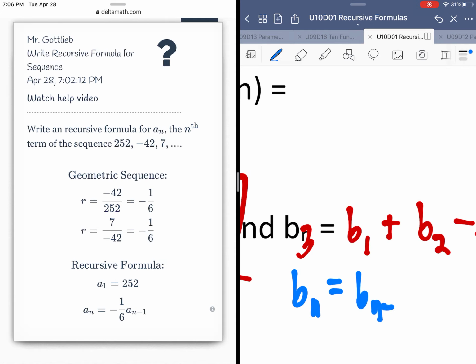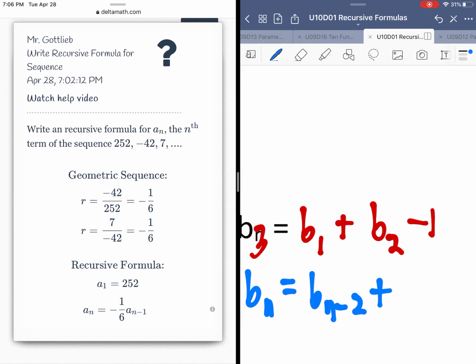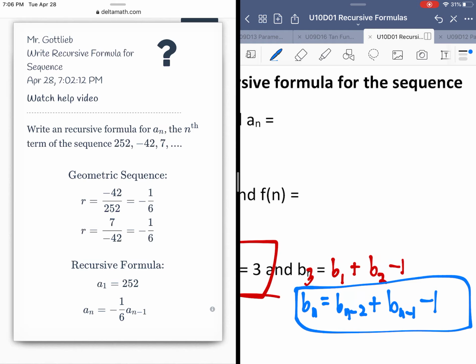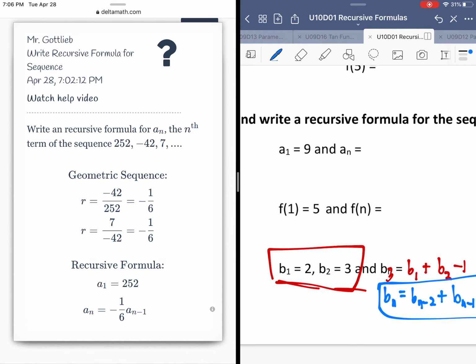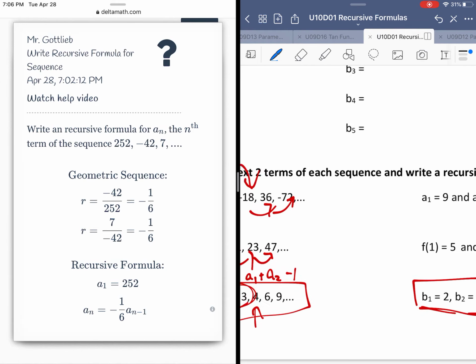Well, not minus 1, minus 2, because it's 2 before the n, and this one would be 1 smaller than n, so that's b_{n-1}, then subtract 1. So this is the formula for this sequence, but this is a special sequence that uses more than one number in the rule, but usually they don't.